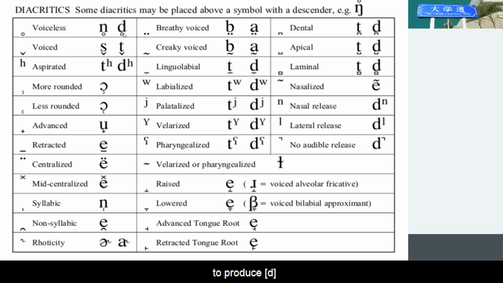So how to produce a d without a vibration? There are some other signs to be used beyond the basic signals. They are all parts of the IPA charts.